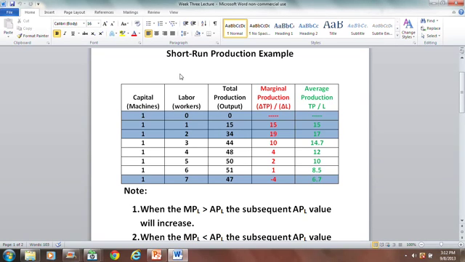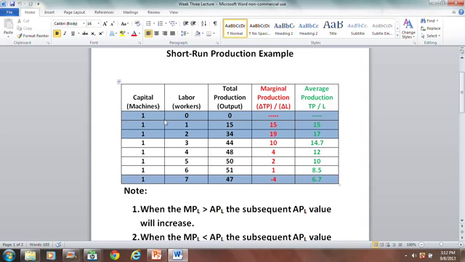The labor column, on the other hand, varies from 0 workers to as many as 7. So we're varying the number of workers using this one machine, right? And so we want to see how production changes. In the total production column is where I'm hypothetically tracking what would happen to the output under different combinations of the inputs.